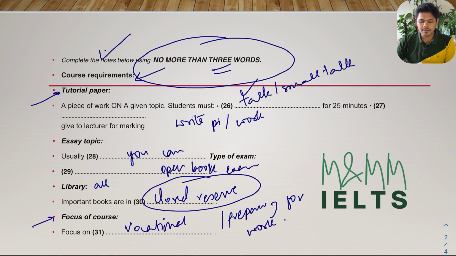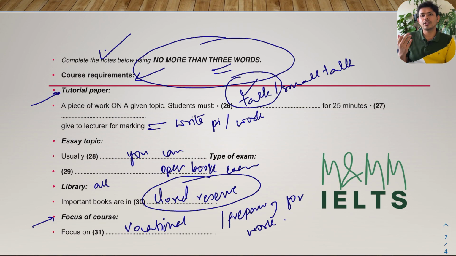And sometimes I feel less is more. The fewer words you write down, and if that is the correct answer, the fewer chances of you making mistakes. The more stuff you write down, the more chances of you making spelling errors or maybe capital letter errors or something like that. Okay, over here I would prefer writing talk, because she did say talk for 25 minutes, right?